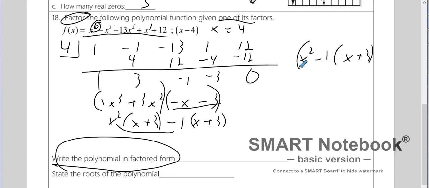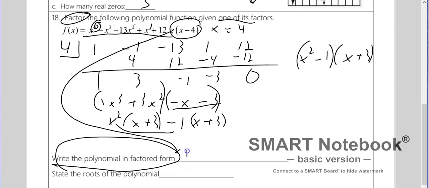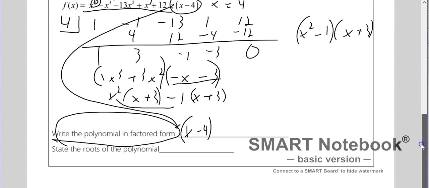Now, something I forgot to mention before that I usually say all the time is, if you're going to be writing this in factored form and you already know this, you should come down here immediately and write that as your first factor. Because that is one of the most common mistakes, is leaving that one off. Okay? If you don't have 4 binomials down here, there's something to look out for.